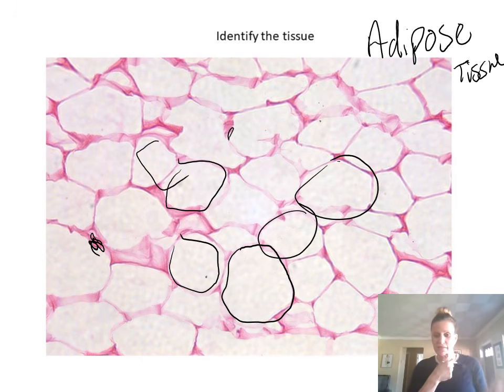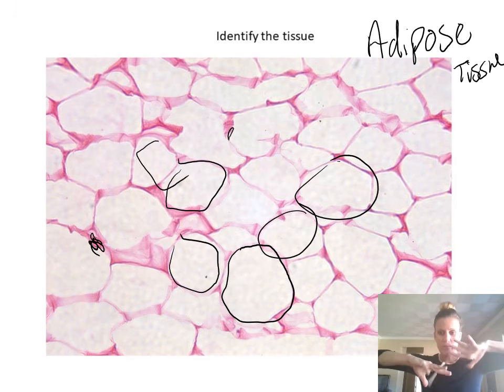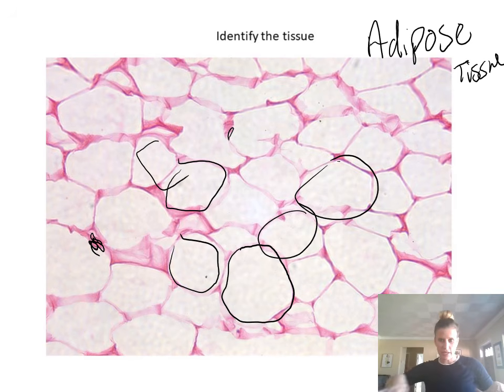This looks kind of similar to simple squamous tissue when you look at it from the top. If I had a whole sheet of simple squamous tissue, which remember is one layer of flat cells, like we have in our lungs, and you look down at it from the top, it looks kind of like this.